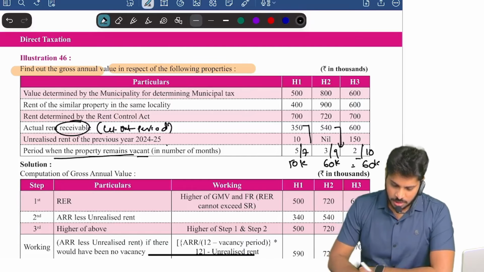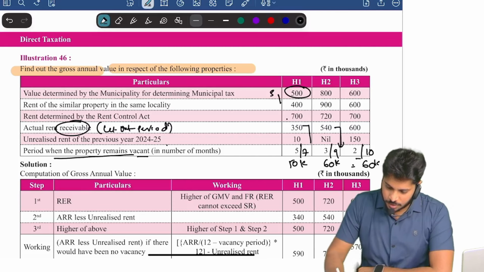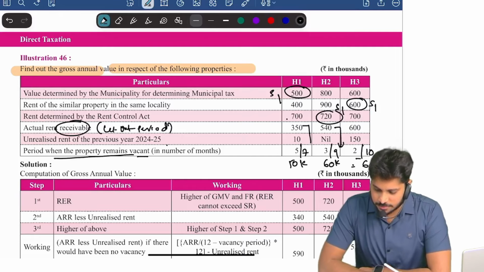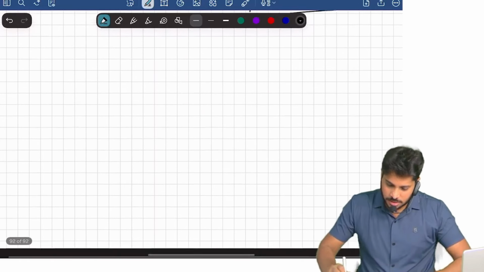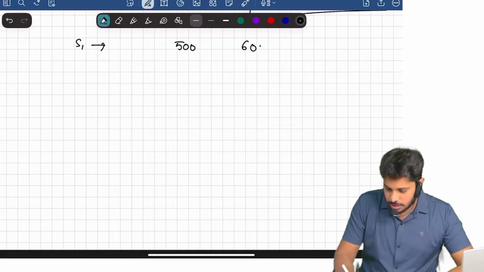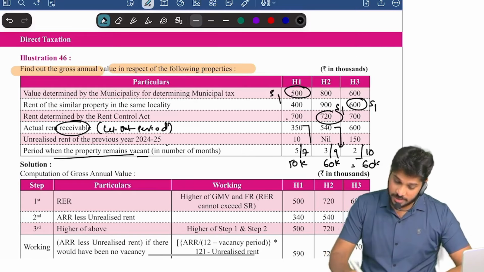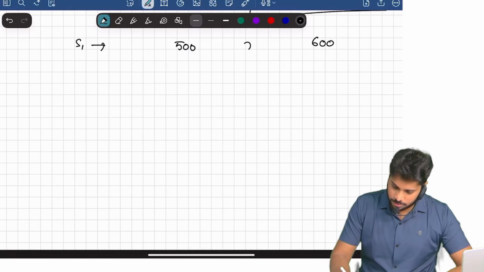Now whichever is higher, 500 restricted to, therefore step 1 is 500. Here step 1 is 720. Here step 1 is 600. So step 1: house number 1, 500; house number 2, 720; then 600.